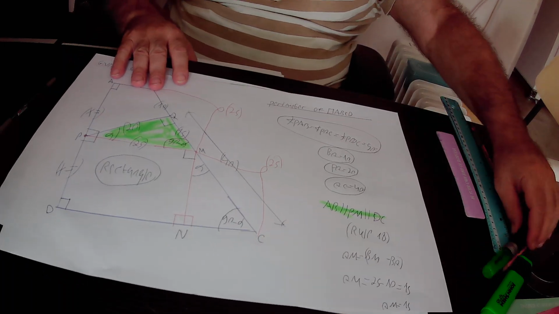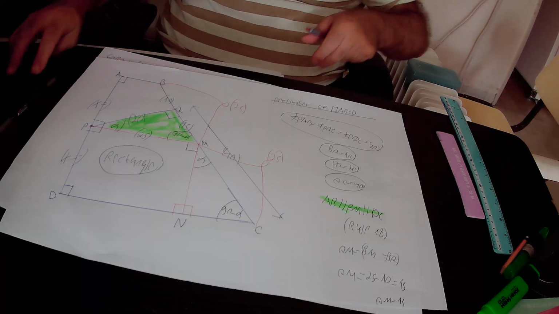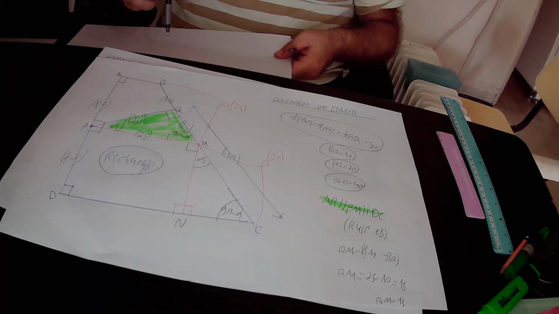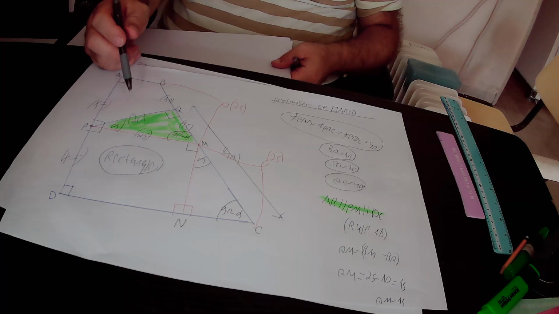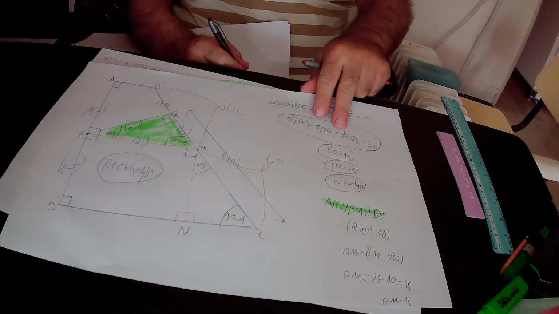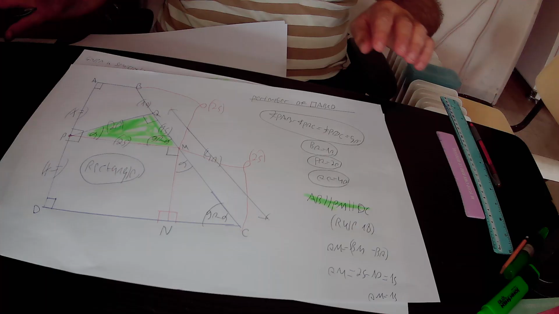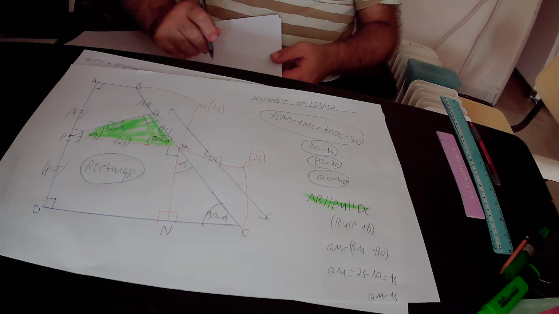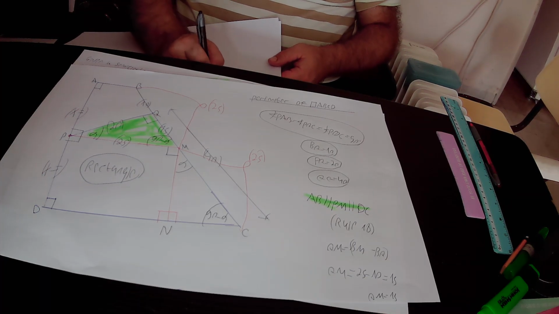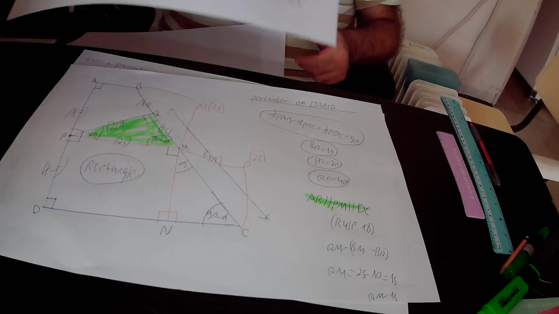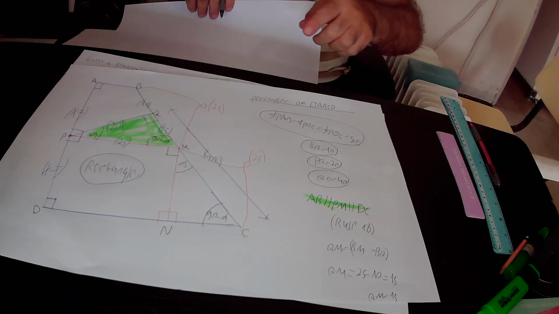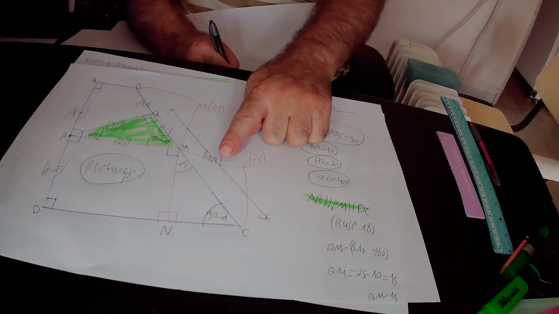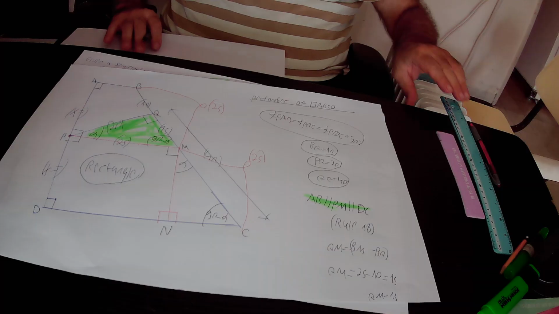We found out that this green right triangle PQM is congruent to this lower right triangle MNC, according to the angle side angle rule.